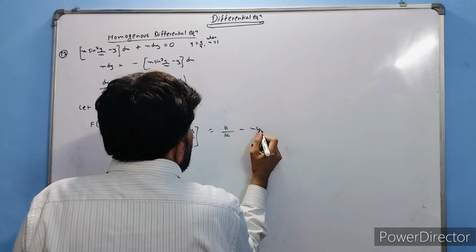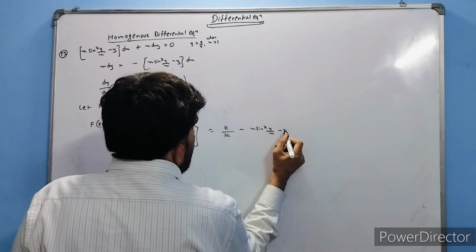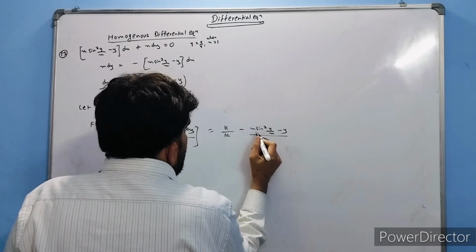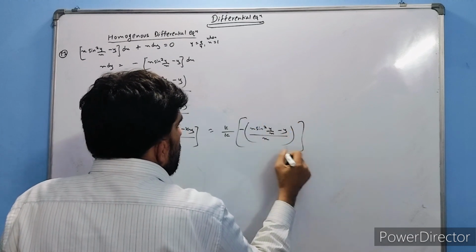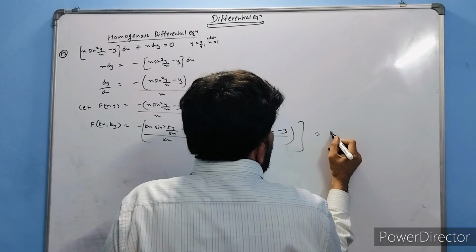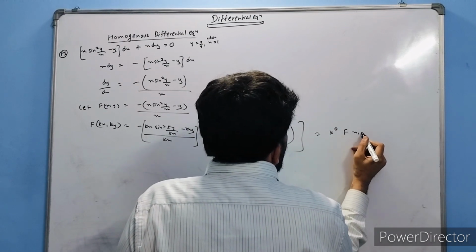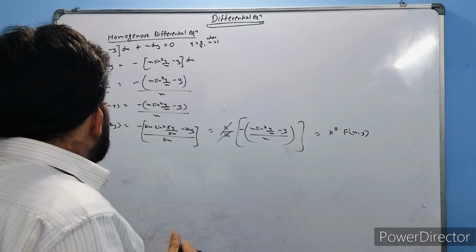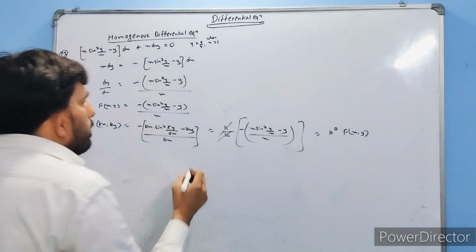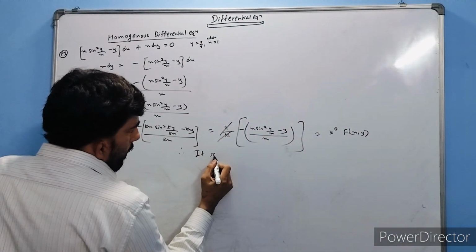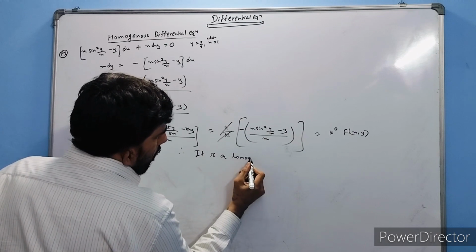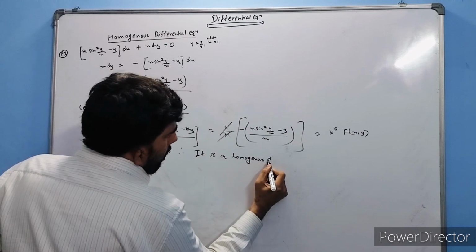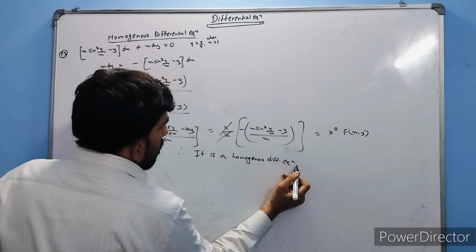You can take k common here, so we have k upon k, minus of x sine square (y upon x) minus y upon x. So this is k to the power 0 times f of x, y. So we can say they have the same degree, so it is a homogeneous differential equation.